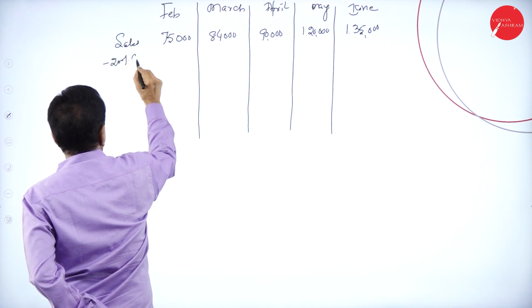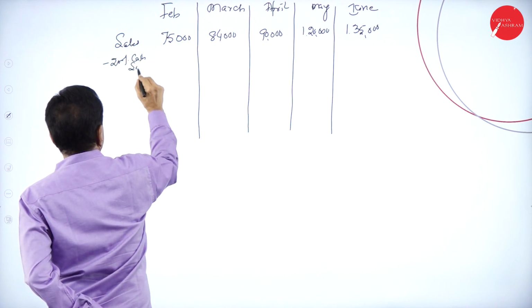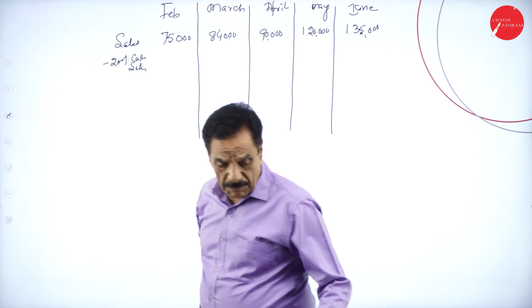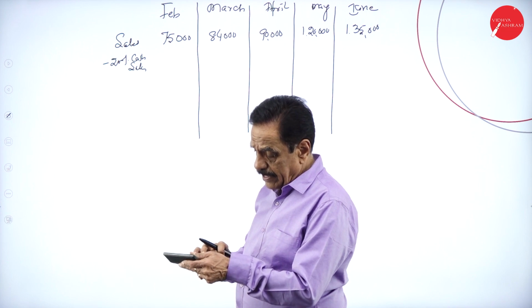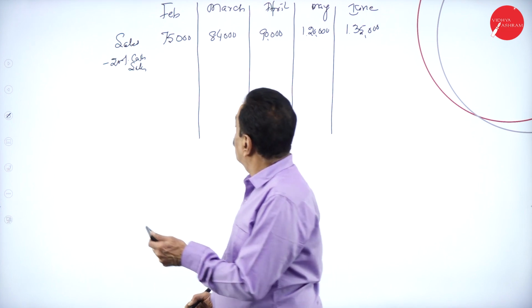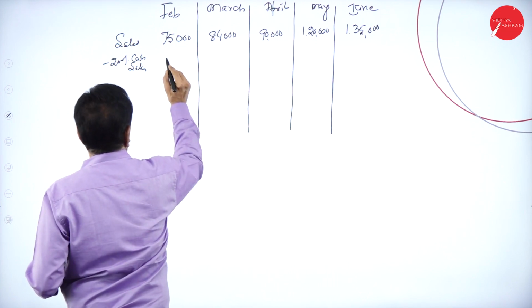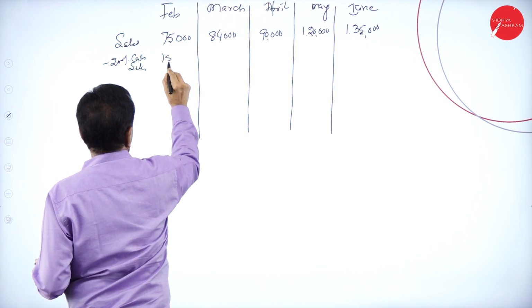20% cash sales. So 75,000 into 20 divided by 100 is 15,000. 5 ones are 5, 5 fives are 25.